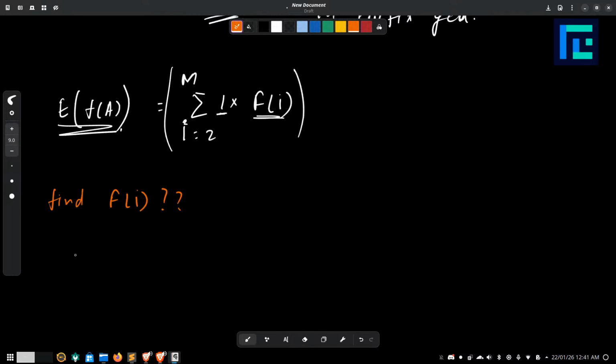So first of all, let's denote the first number in the array as a1. A1 is the first number in the array.